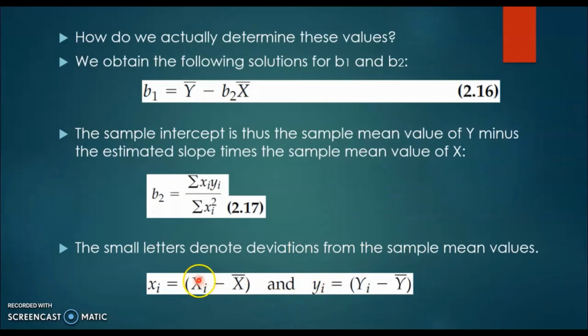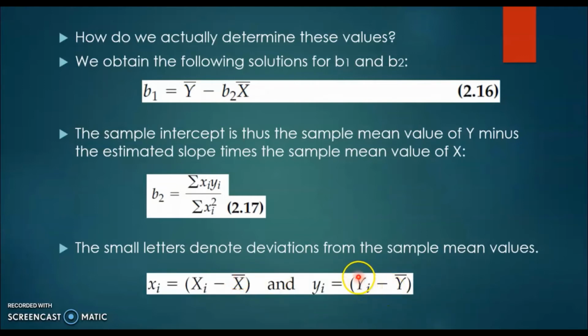So xi here refers to a specific or particular sample value at a particular observation, while x bar here refers to the mean value of the sample, the average value from the sample.